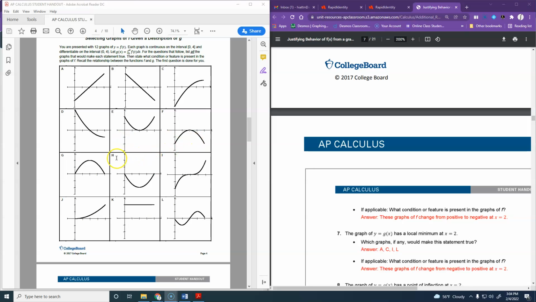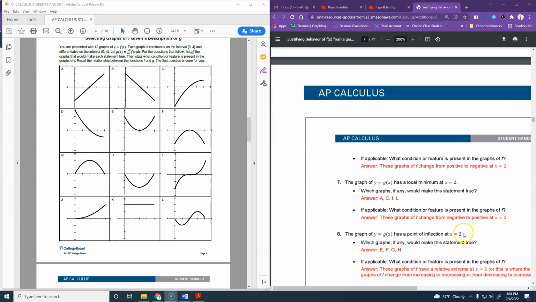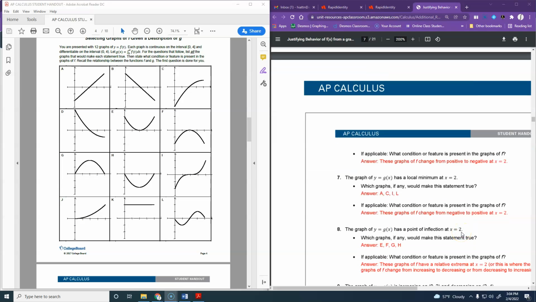E, F, H, not L, G. Yeah, it has to change from increasing to decreasing. G, H, E, F, and I think that'll be it for those. So you have to change from increasing to decreasing or decreasing to increasing for that.